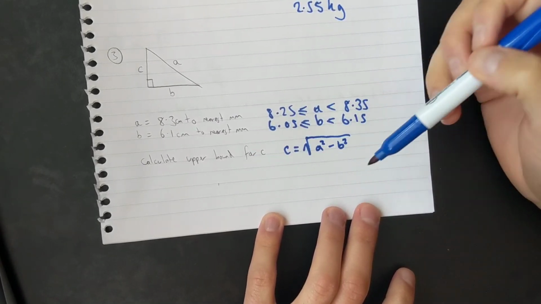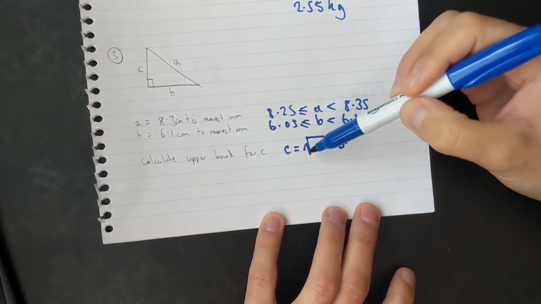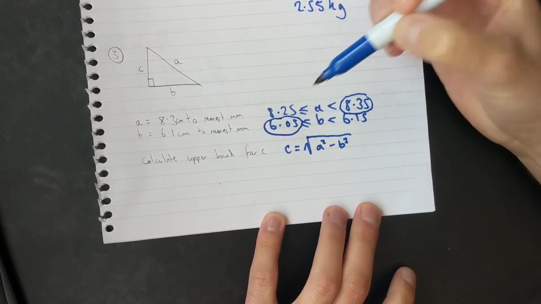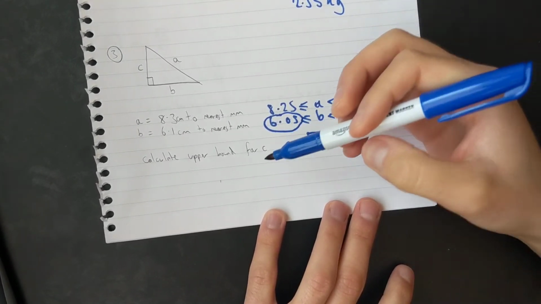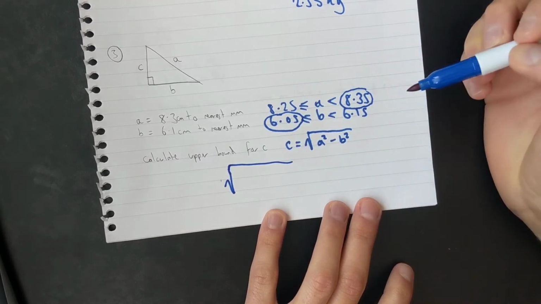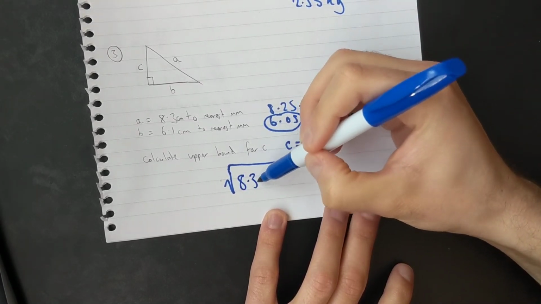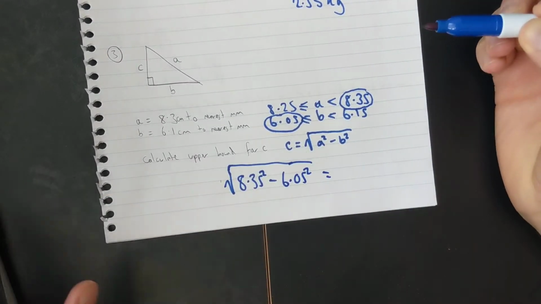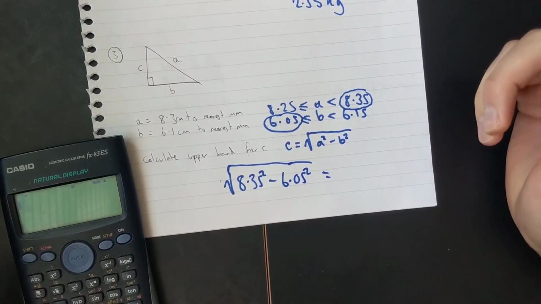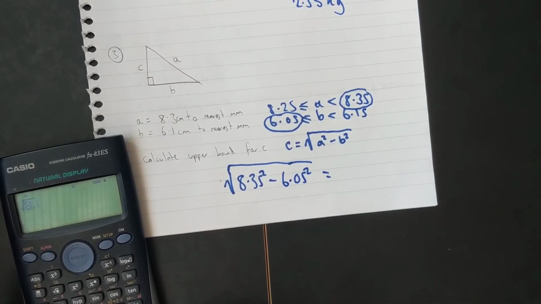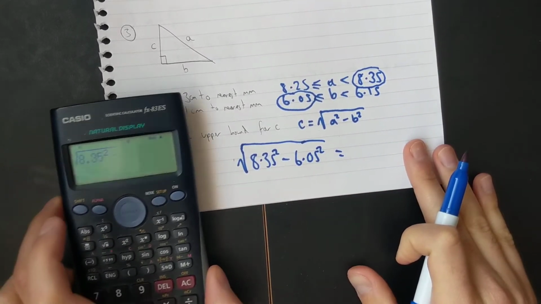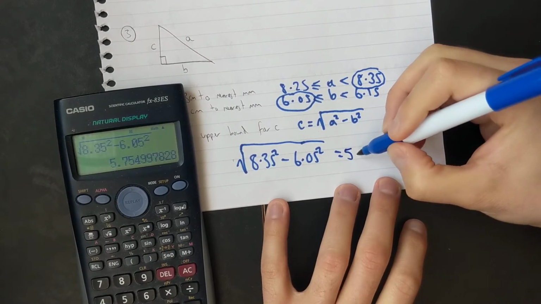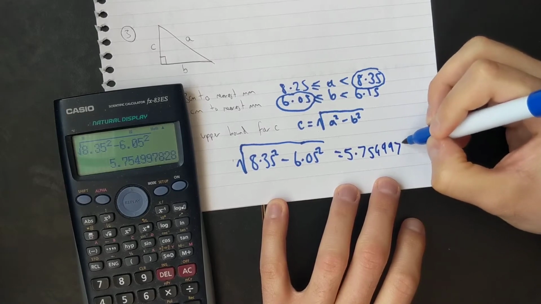Now if I want an upper bound for this, I want this takeaway to give me the biggest possible value it can, and as if I have the biggest possible value of A, take away the smallest possible value for B. So my upper bound for C is going to be the square root of 8.35 squared take away 6.05 squared. And that is going to be 5.754997828.